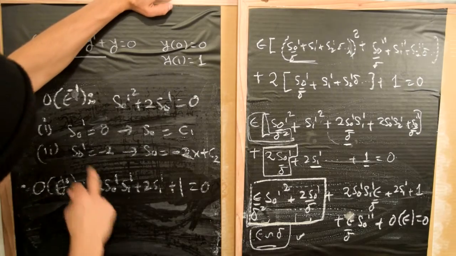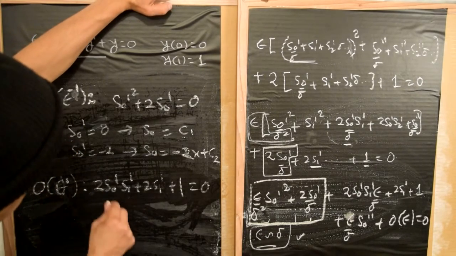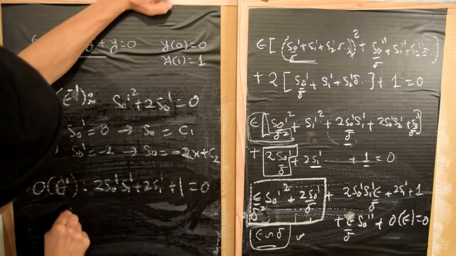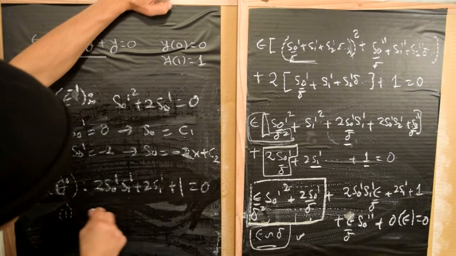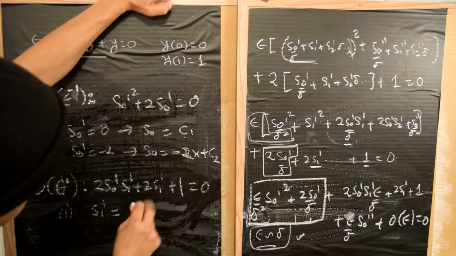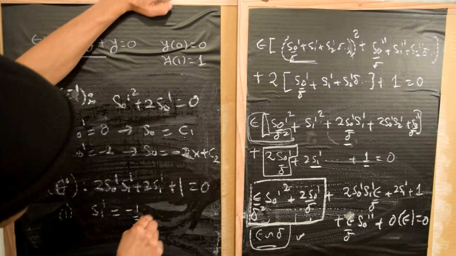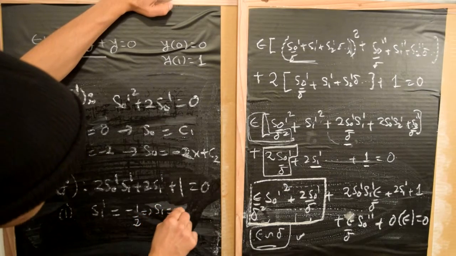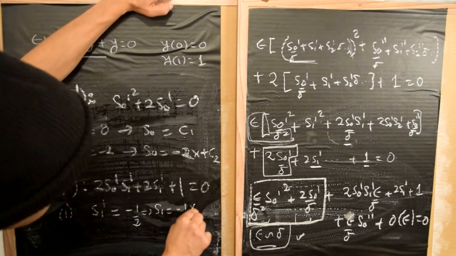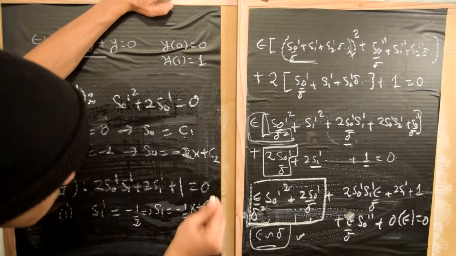So now there are two possibilities. One is that s naught prime is 0, in which case this term goes to 0, so s1 prime is minus half, which means s1 is minus half x plus some constant c3.